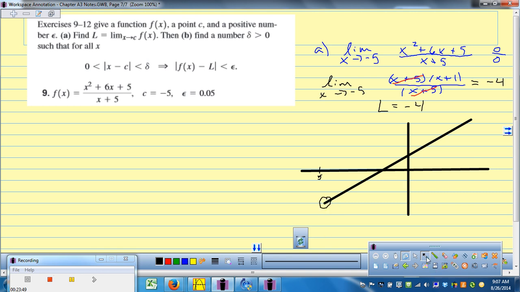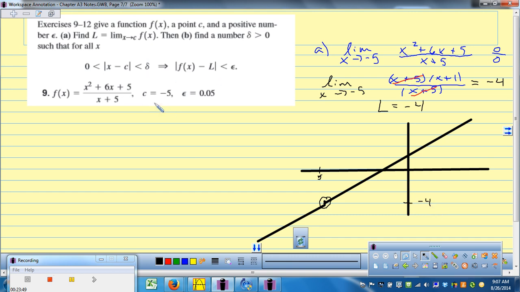Okay? So, as we work with the limit definition, we can verify the limit that we just did algebraically by looking at the graph, correct? From the left and the right, it's still approaching the same y value, and that y value is negative 4. Okay, so we found our limit.